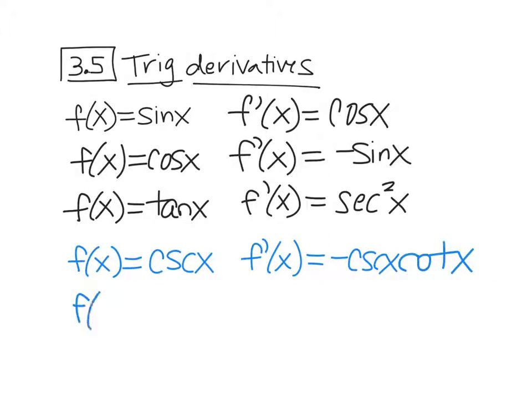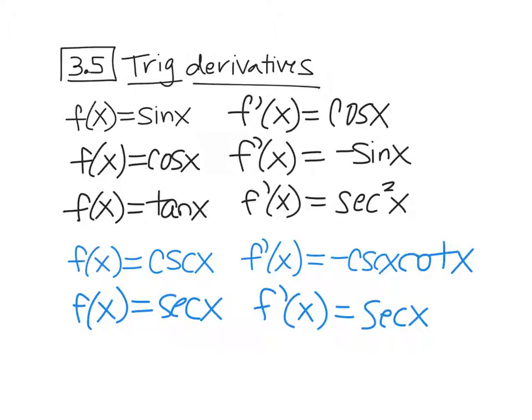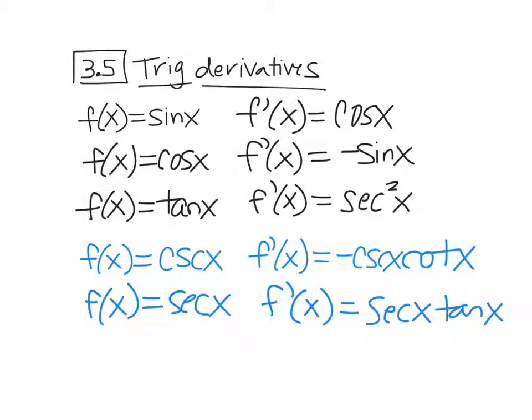Okay, let's go ahead and do f of x is secant x now. The derivative of secant x is going to be secant x tangent x. Those are really closely related, though, if you look at them. You see that? So cosecant is negative cosecant cotangent. They both start with c's. And then secant is secant tangent. It's the opposite functions, really.